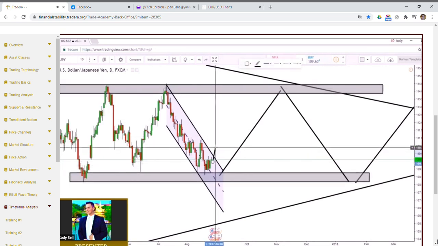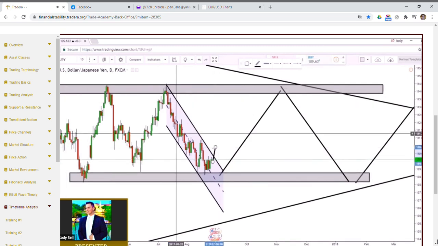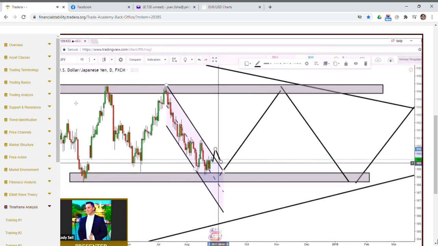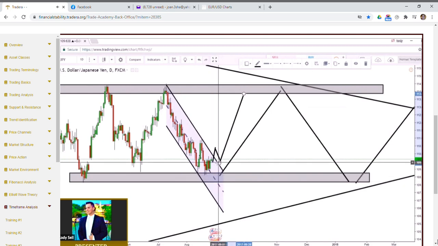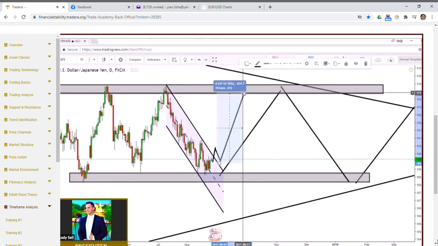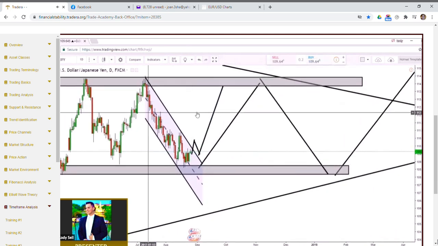A break and a retest of this zone right here will give us a buy entry to the upside. This buy entry right here on the daily time frame is a solid 450 pips. Okay, now we understand the plan going in even better. Let's go down to the 4-hour time frame.